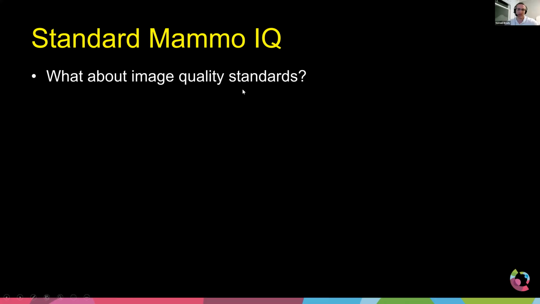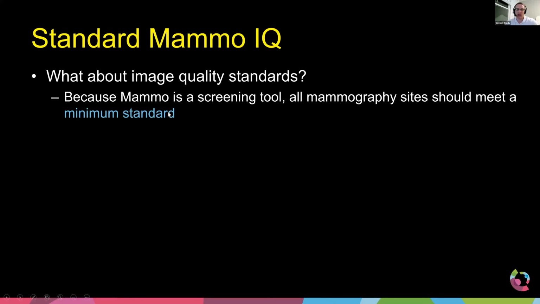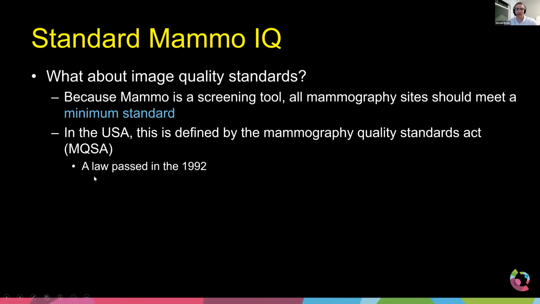So I give you the example here in the US. We have a standard. It's called the MQSA. And it defines a minimum image quality that every system has to perform at. Every breast image acquired in every view, CC, MLO, whatever, tomosynthesis sweep, has to meet a minimum standard. And we've been doing this basically since 1992.